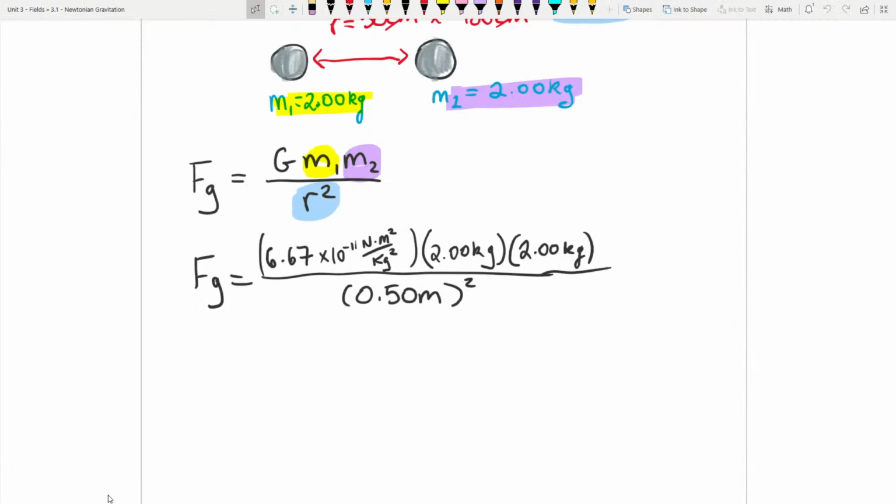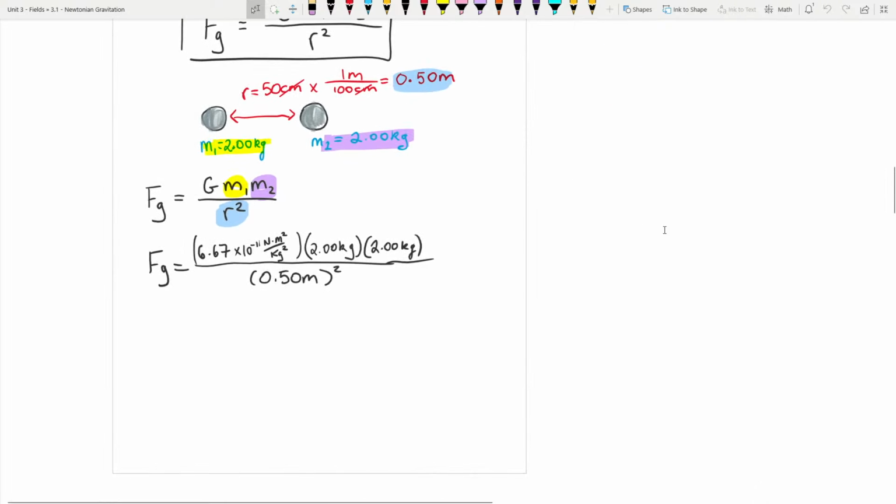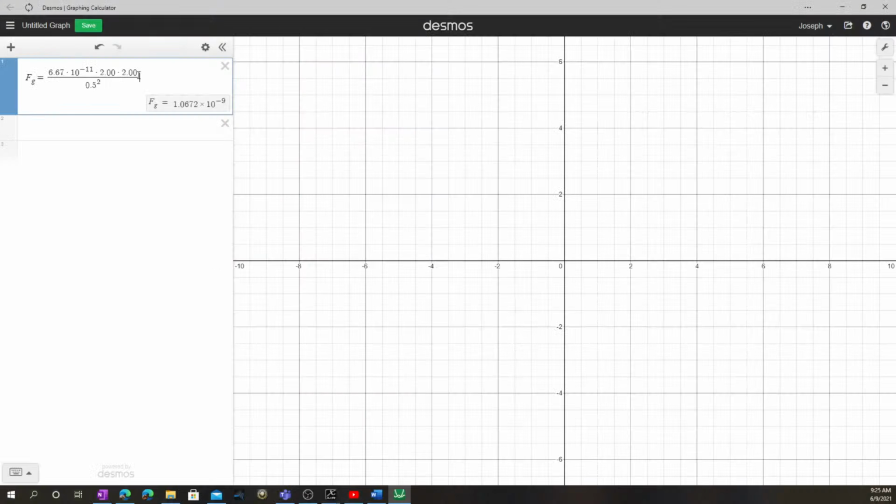There's our calculation. I'm going to paste that in. Interesting.